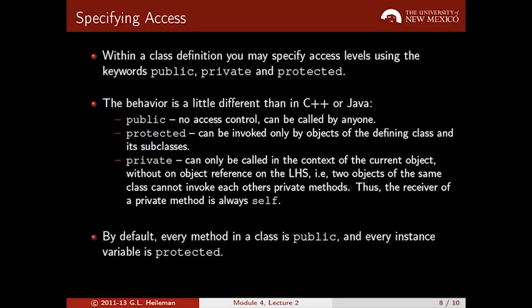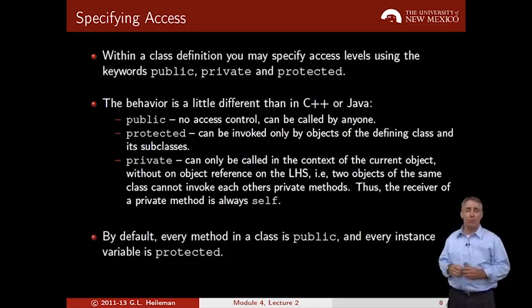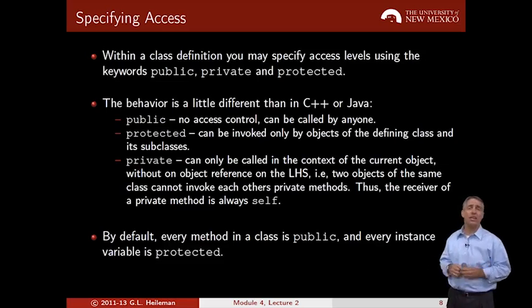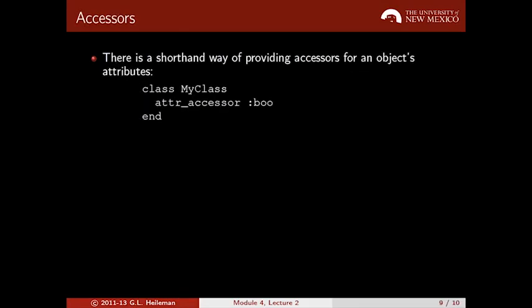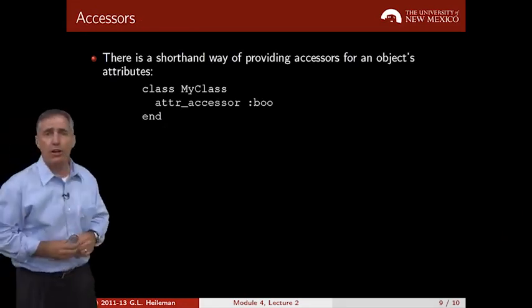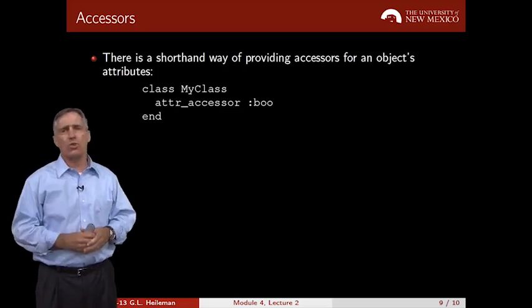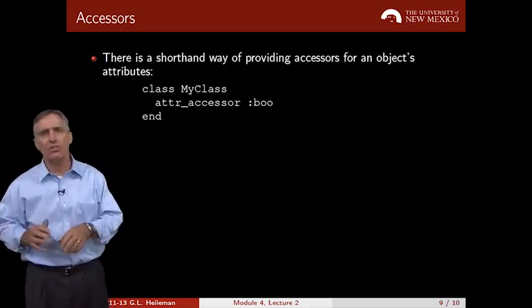Now, what we've already seen is by default, every method in a class is public and every instance variable is protected. That's why we couldn't access that boo variable unless we provided accessors, the getter and setter methods, in other words. There's a shorthand way that I already referred to of providing those getters and setters. And that's a pain in an object-oriented language. For every instance variable you create, you've got to create getters and setters.